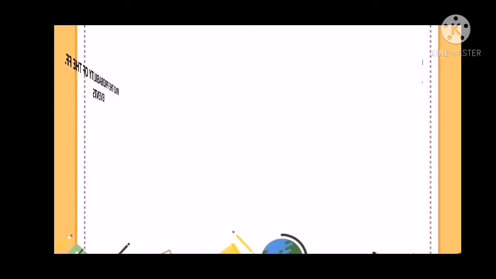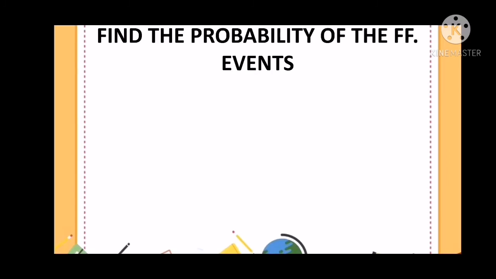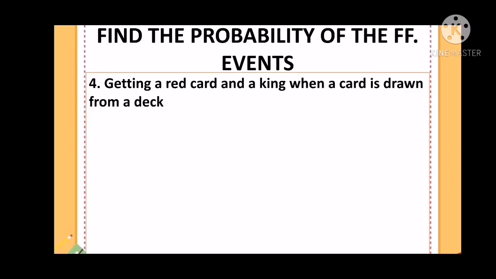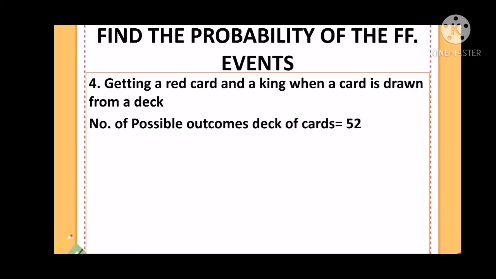Next one. The next problem is getting a red card and a king when a card is drawn from a deck. Ang variable pa rin natin is a deck of cards. Number of possible outcomes: sa isang deck of cards, we have 52 cards.